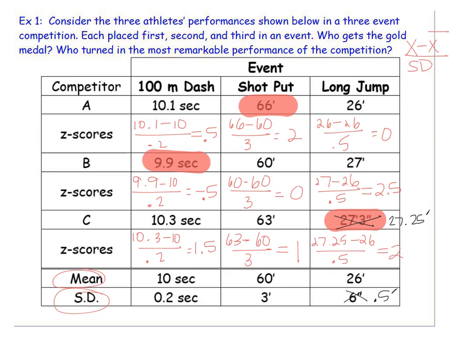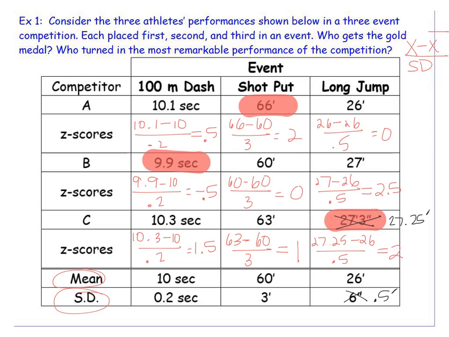Now, we have to find a way to put them all together. Here's the issue. The shot put and the long jump, higher is better. But the 100-meter dash, lower is better. So this negative 0.5 for person B for the 100-meter dash, that's technically a good thing.